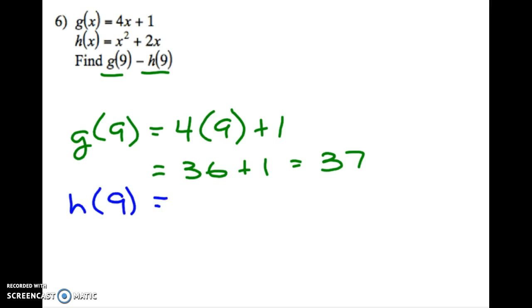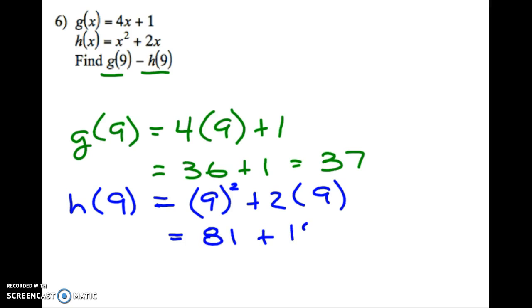For h of 9, remember we're going to put 9 in for the x, so it's going to be 9 squared plus 2 times 9. 9 squared should give us 81. 2 times 9 is 18. If we add those together, we're going to get 99.